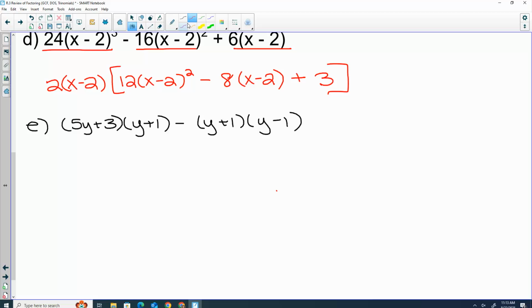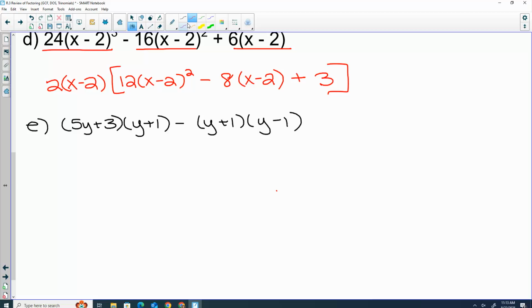Now, if I just told you to factor this, you absolutely could FOIL the first parentheses, FOIL the second one, combine like terms, and then factor everything. And you will get the correct answer, but that's a lot of work.